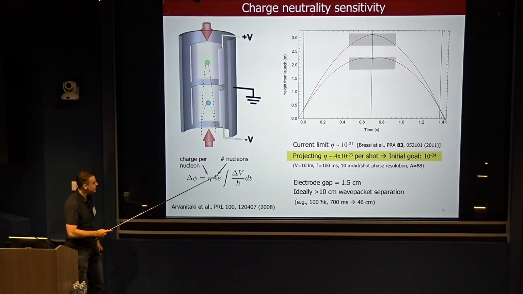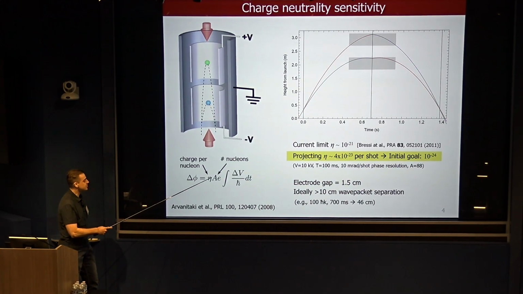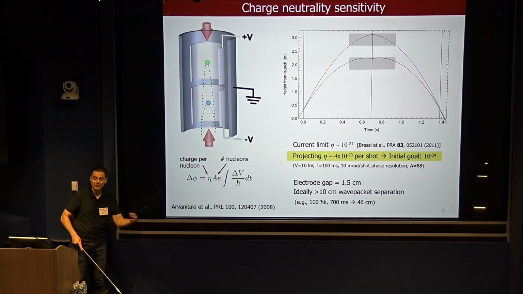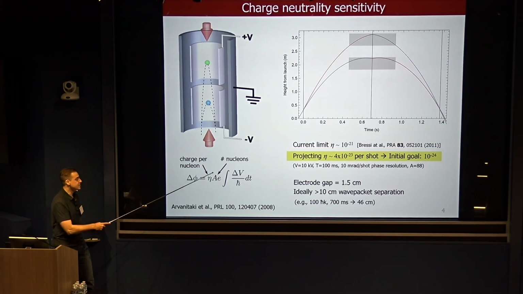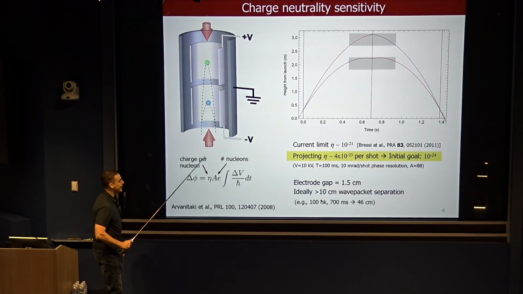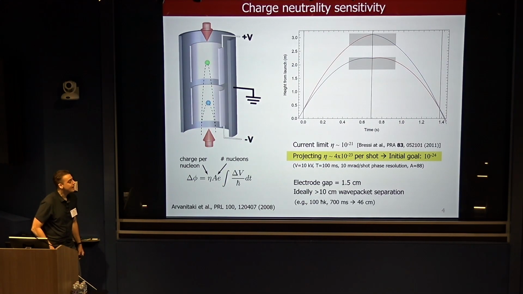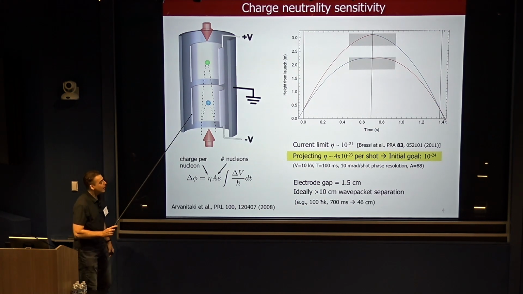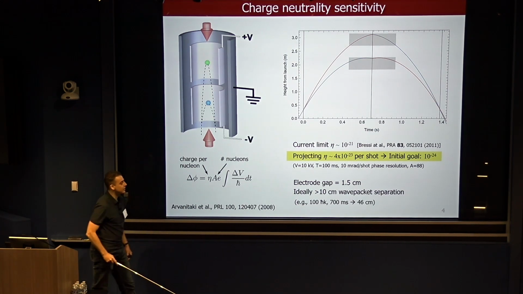Typically the way this is parametrized is in terms of this parameter eta, which is the extra charge per nucleon, where A is the number of nucleons, which would be 88 for the strontium that we're using, for example. And as I said, the current limit on eta is part in 10 to the minus 21.